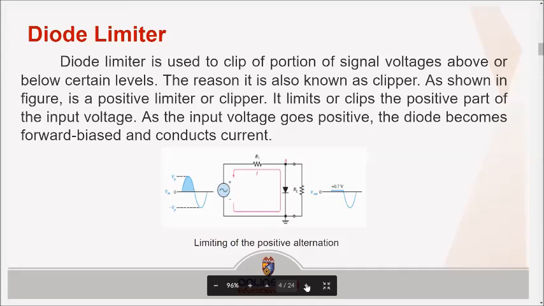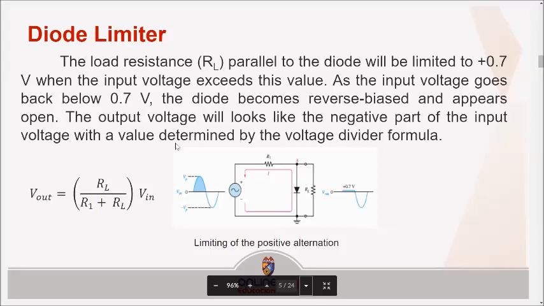Next, we have the diode limiter application also. The load resistance RL parallel to the diode will be limited to positive 0.7 volts when the input voltage exceeds this value. As the input voltage goes back below 0.7 volts, the diode becomes reverse bias and appears open. Then the output voltage will look like the negative part of the input voltage with the value determined by the voltage divider formula.